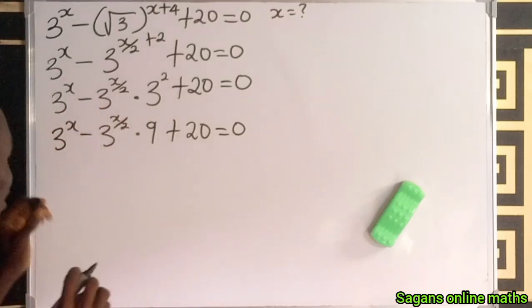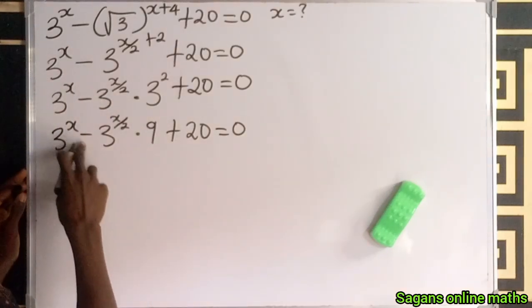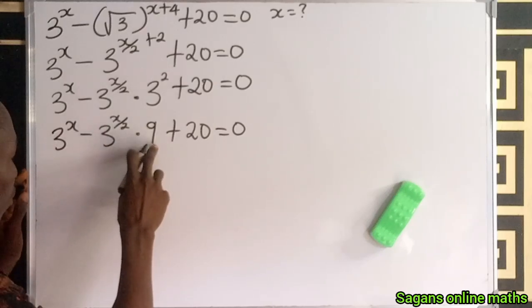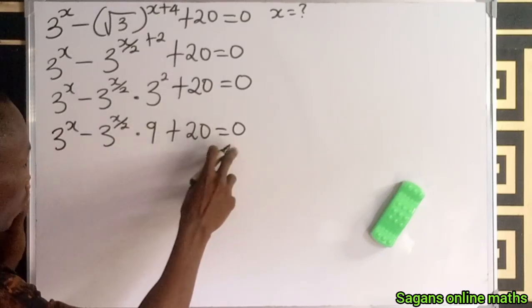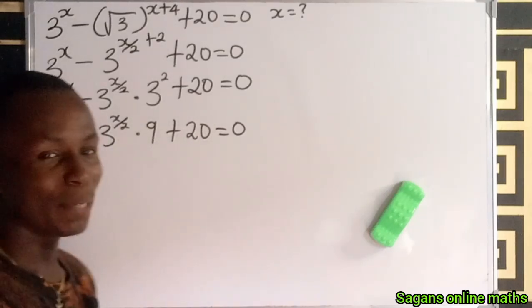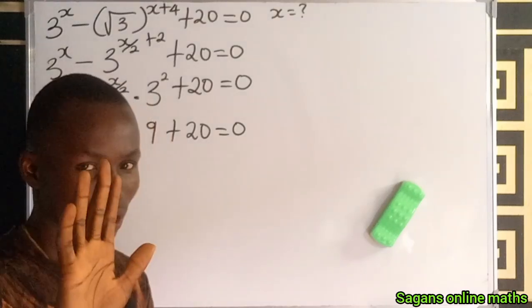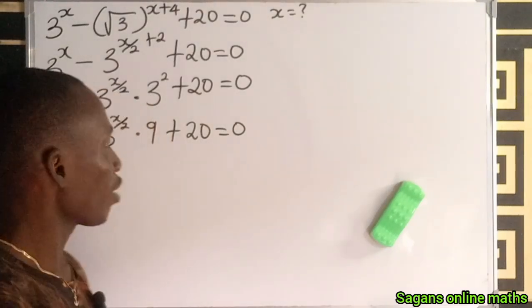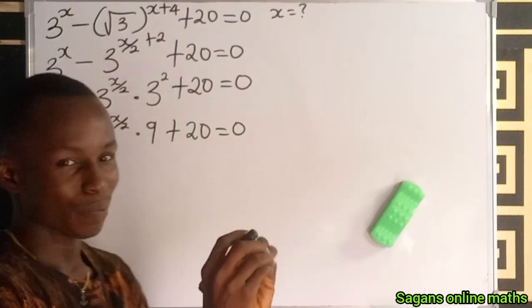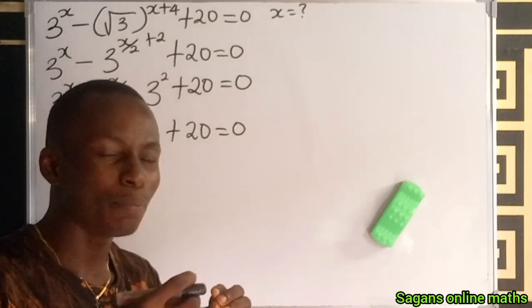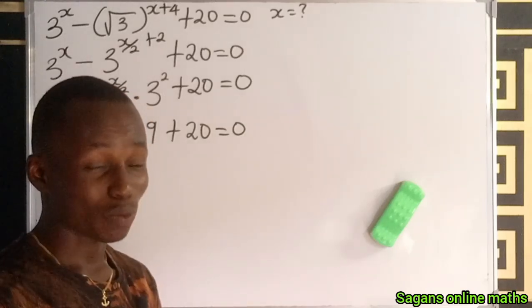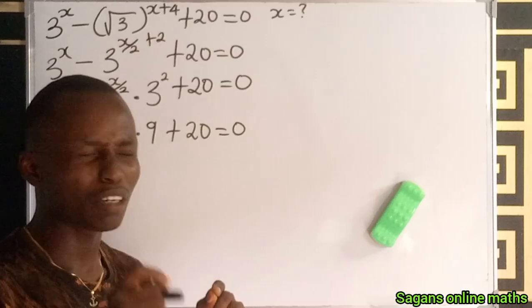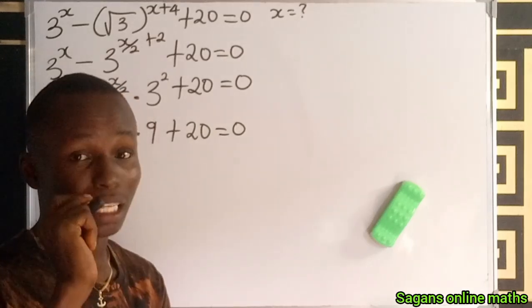Now come to think of it: we have 3 to the power of x minus 3 to the power of x divided by 2 multiplied by 9, plus 20 equals 0. What are we going to do here? Please let me give you this secret for free. Learn this now. Whenever you are given an equation and everything is equal to 0, that equation is most likely a quadratic equation. Take note of this. It's very vital and important.